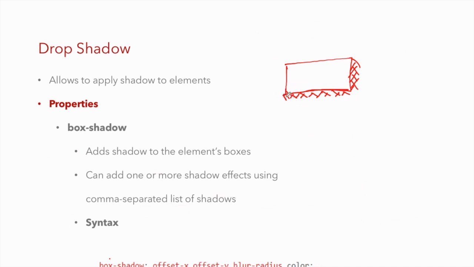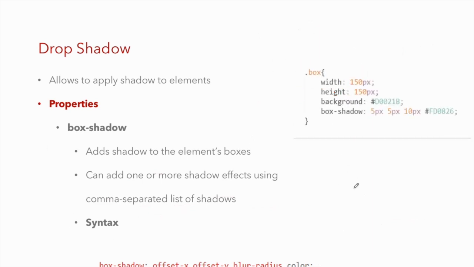So when I say 5 pixels, from this particular bottom border, 5 pixels will be considered as the size for your shadow. Similarly, on the y-axis, you can specify the size in pixels. You can notice over here that to the element we have specified box shadow as 5 pixels on offset x and y, and this is the blur radius of your shadow, and this is the shadow color.